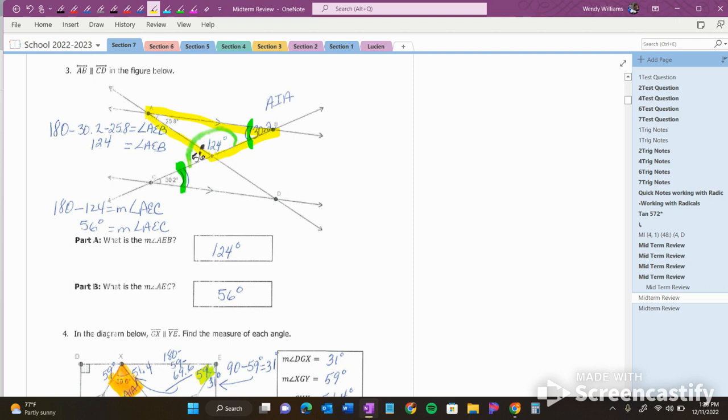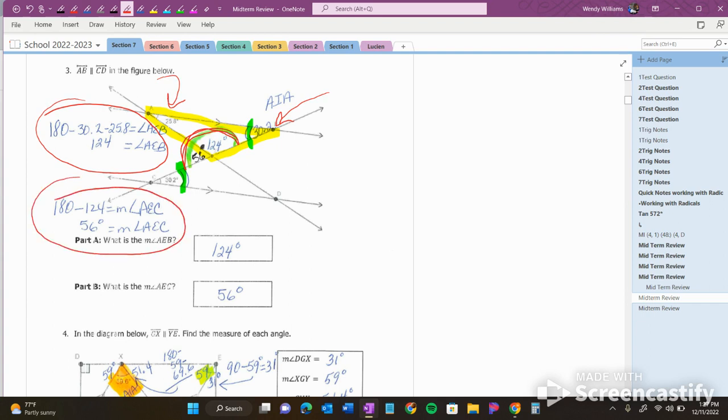Now we have two angles in the triangle, 25.8, which they give me here, and 30.2, which I found using alternate interior angles, and then we subtract that from 180 to get 124. The next thing we have to know is that 124 is supplementary to 56 degrees. And I did that down here.